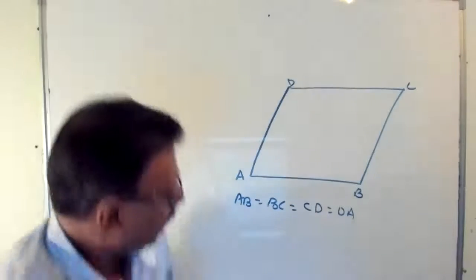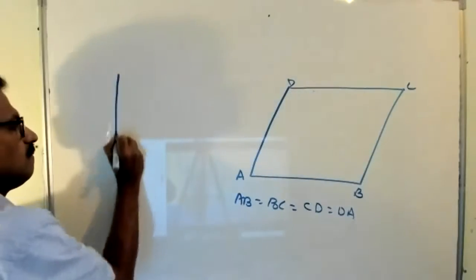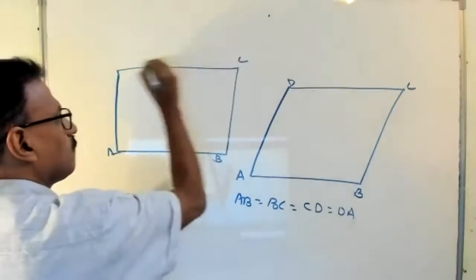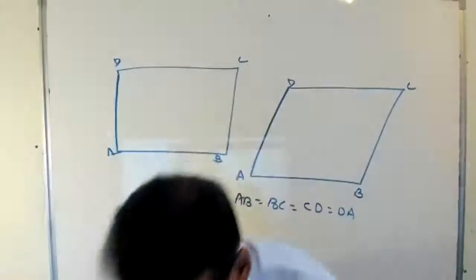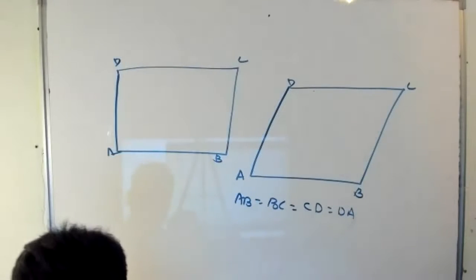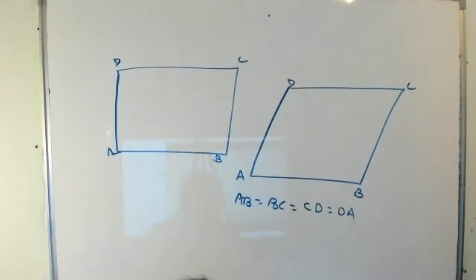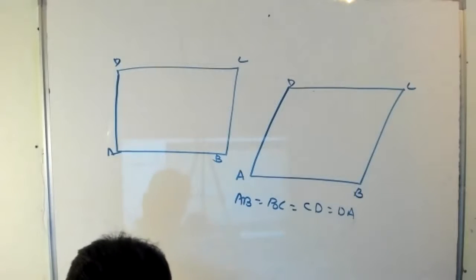Okay, so draw a rectangle. Sir, can you please repeat what you said for rectangle? A parallelogram whose each angle is a right angle is called a rectangle. Okay, sir. Thank you, sir.